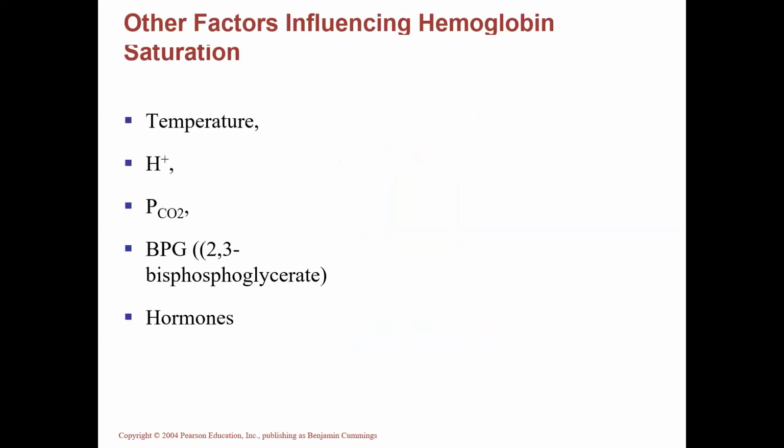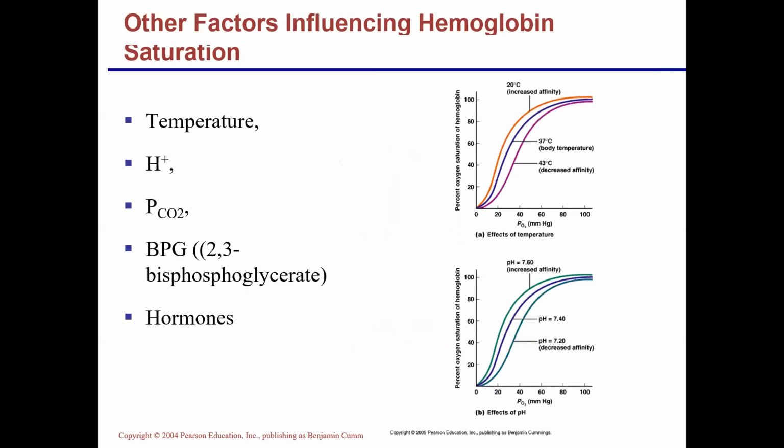Okay, so now hemoglobin and oxygen, this curve is very important because it will tell you at what oxygen pressure, how much oxygen can dissociate from hemoglobin and get to the tissue cells, right?